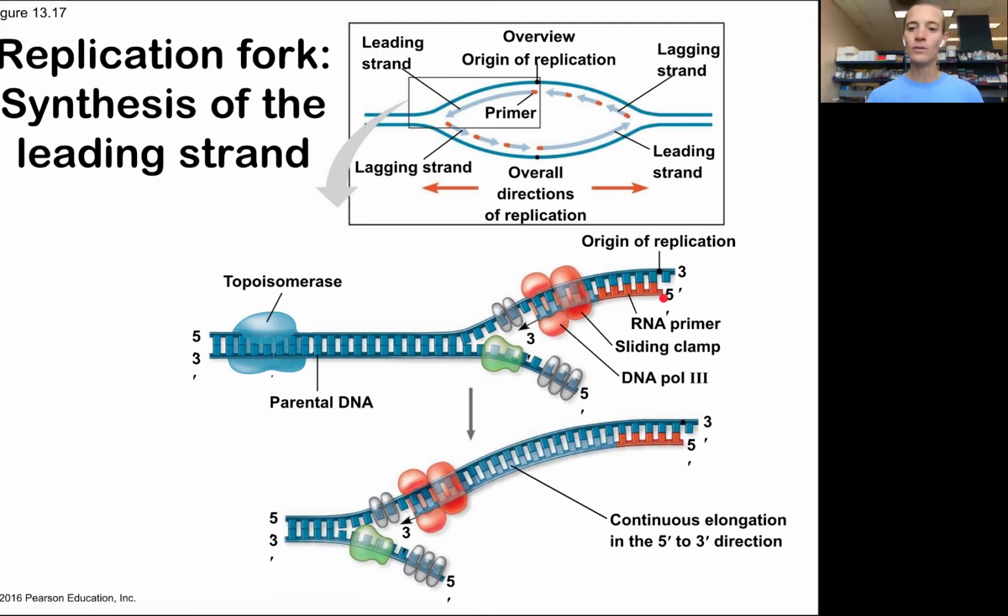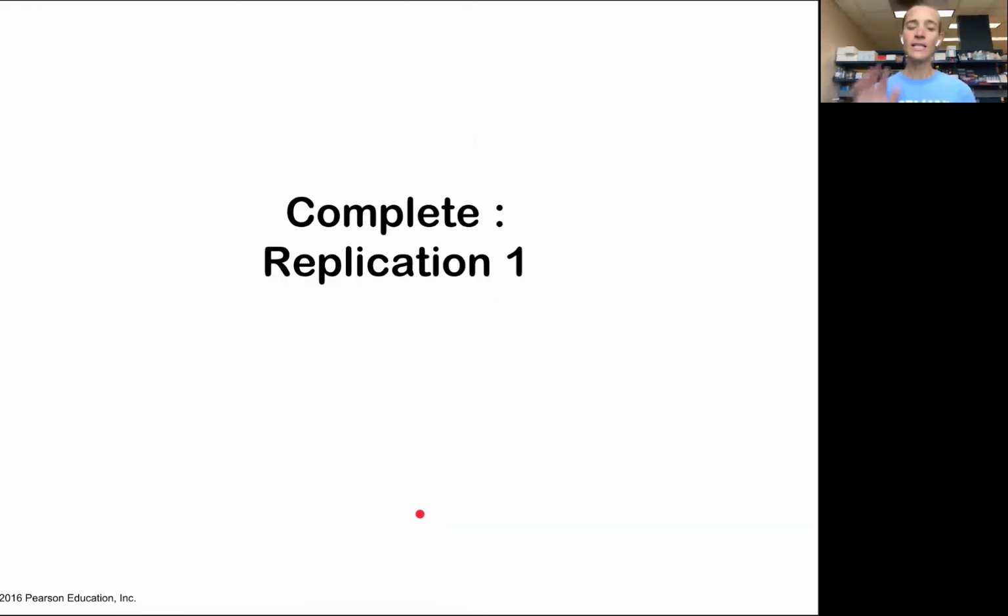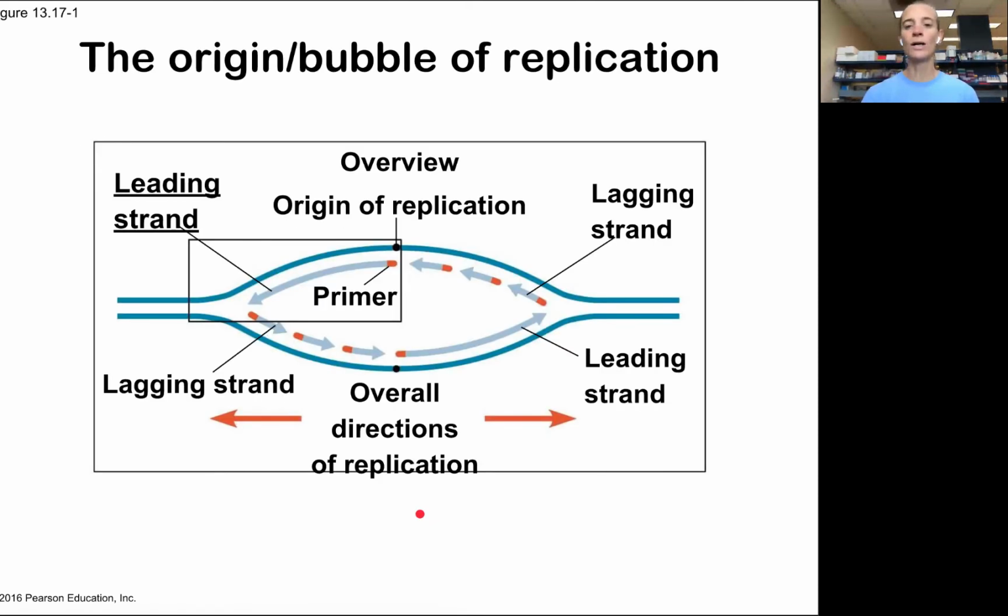So when I synthesize in that way to the 3' end, it's very easy. It's pretty straightforward. We have a continuous elongation of the strand in that direction. At this point, you should be able to complete replication.